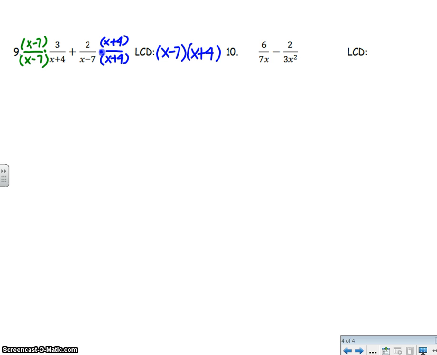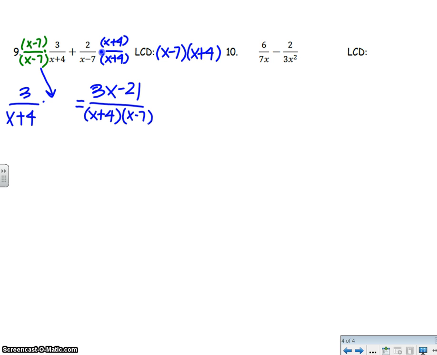Okay, so let's go ahead and see how this works out here. So we will distribute. So we'll do 3 times x minus 7 and get 3x minus 21. And let's just go ahead and leave our denominator as x plus 4 times x minus 7.